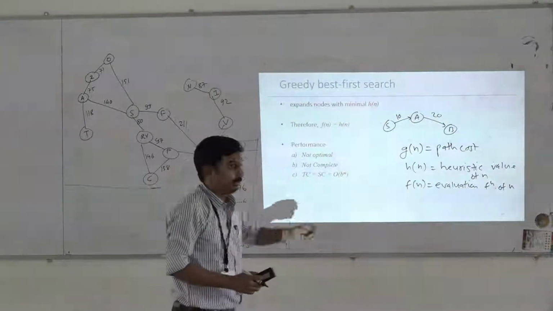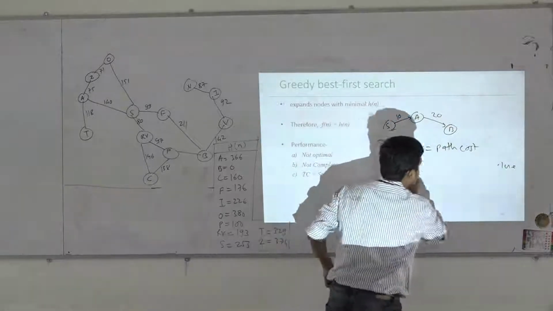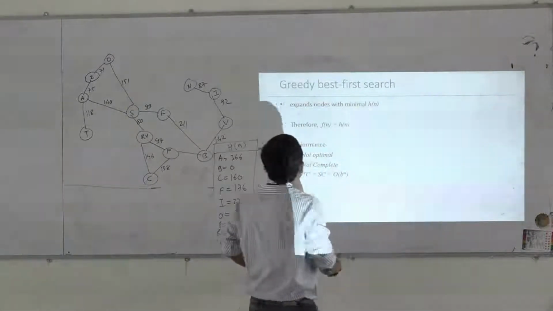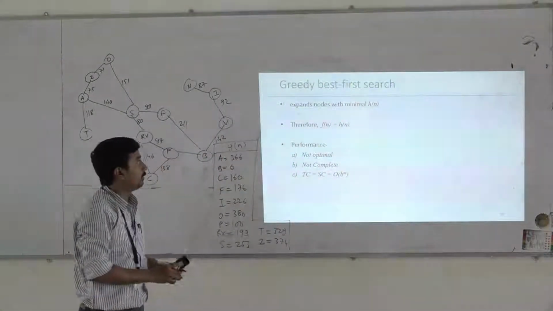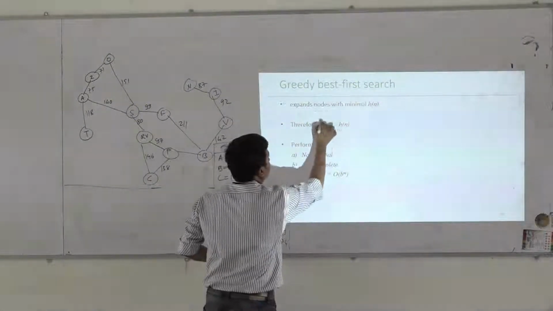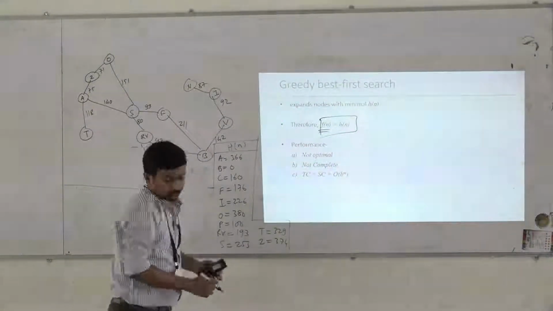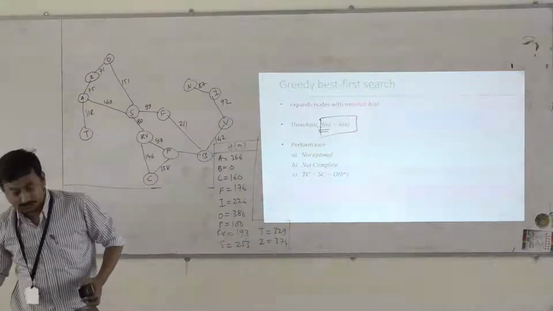So remember the difference between these different functions. In greedy best first search we expand the node with minimum h of n, so its evaluation function is very simple: f of n equals h of n. We will discuss the performance after seeing the example.